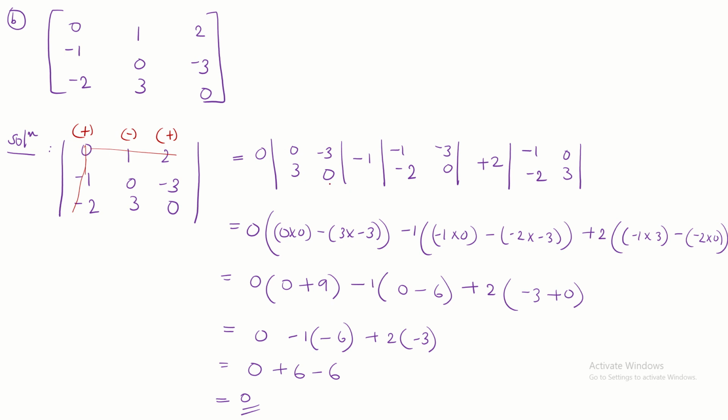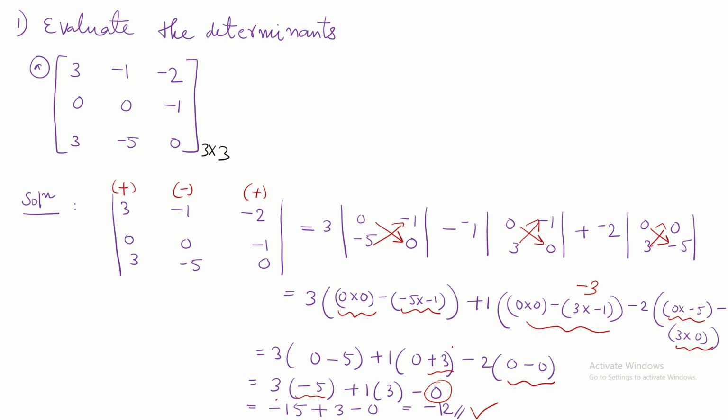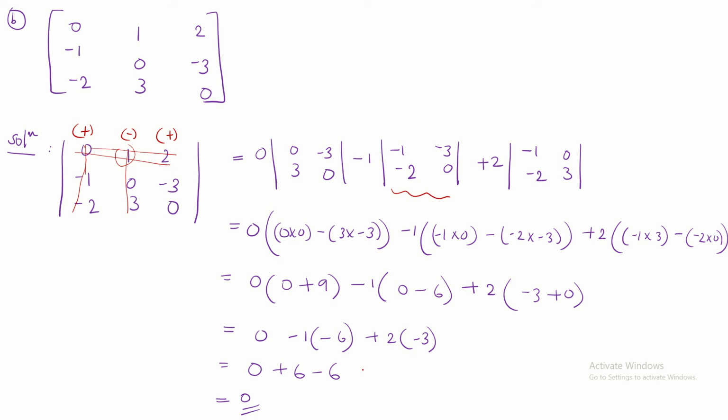Next minus, I wrote minus 1 into x1. Now I ignore this column and this row. The remaining are minus 1, minus 3, minus 2, 0. I wrote it here. And the next is plus 2. In the same way I'll get minus 1, 0, minus 2, 3. Then, as said here, you have to multiply and finally see that you get this value 0.